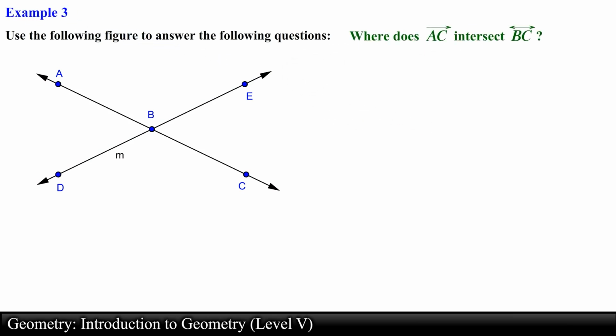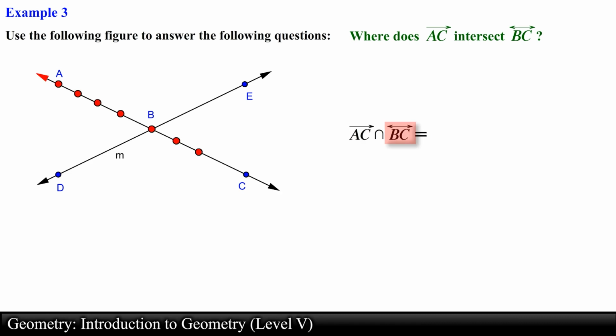Where does ray AC intersect line BC? Using set notation, this problem translates to the following expression. Recall that you can think of a ray as being the set of all points that starts at one endpoint, in this case point A, and goes in the direction of another point, in this case point C. In the same manner, a line is a set of all points that extends infinitely in both directions.